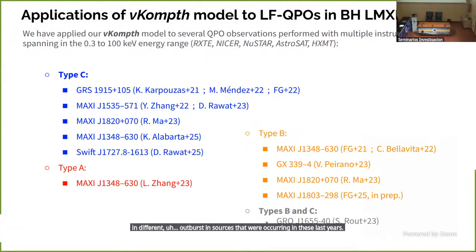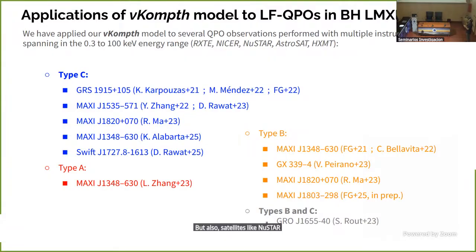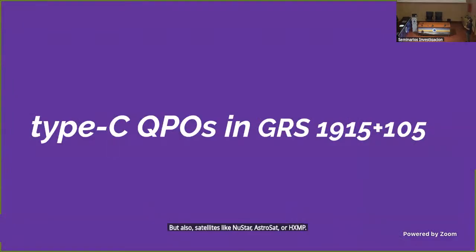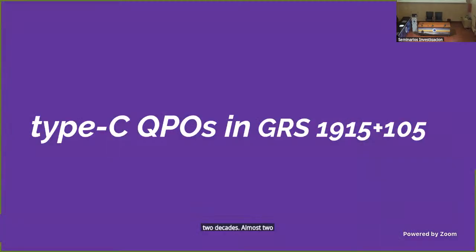Essentially, mainly thanks to NICER, which was observing these sources in a very dedicated way, but also thanks to the legacy from RXTE, a mission that has been gone for more than 12 years, but was a satellite designed to do spectral timing. And also satellites like NuSTAR, AstroSat, or HXMT, essentially covering from 0.3 to 100 keV, so almost 2 decades in energy.